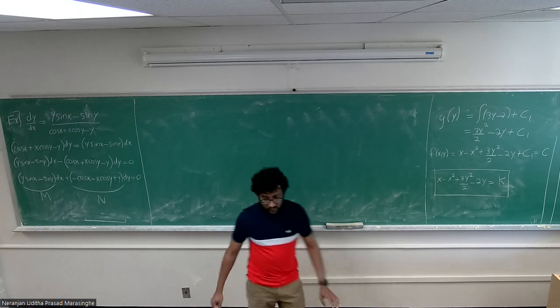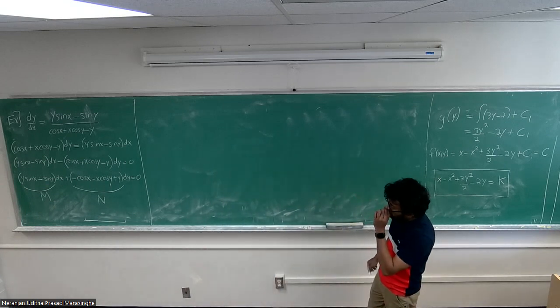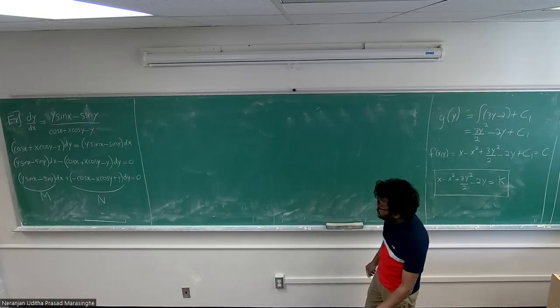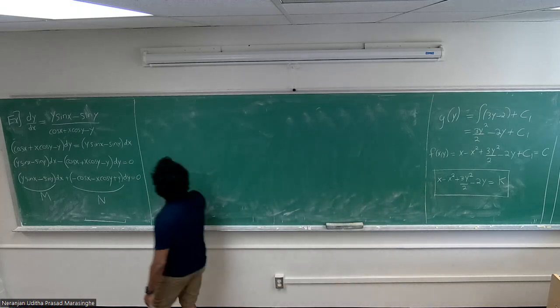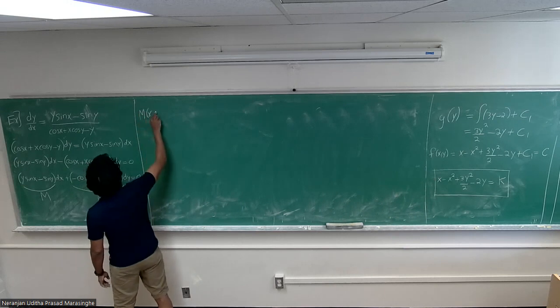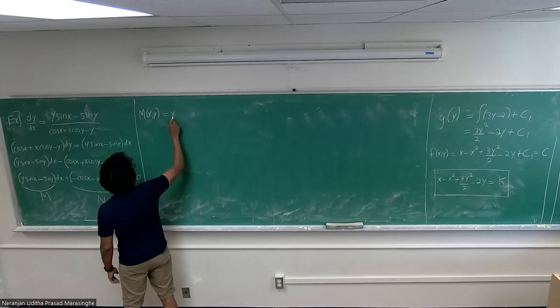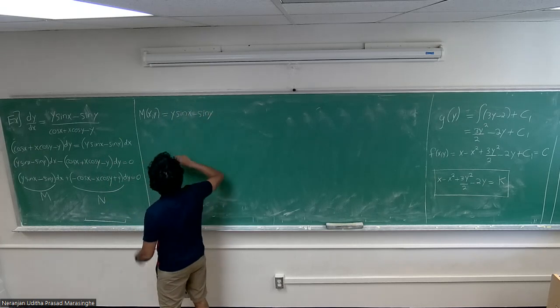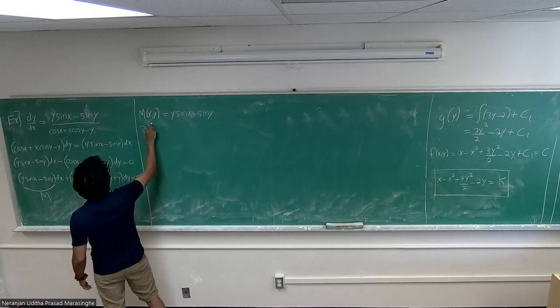M is equal to y sine x minus sine y. Find delta M over delta y.